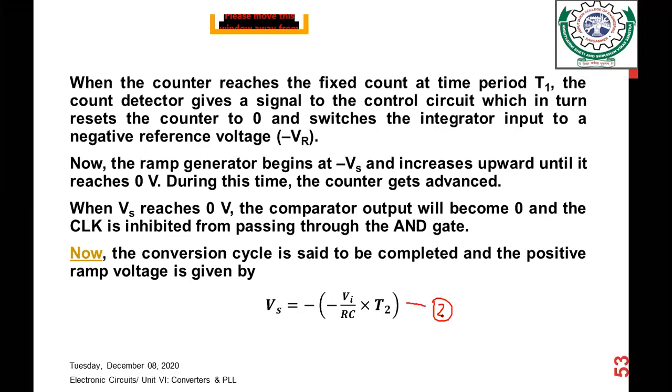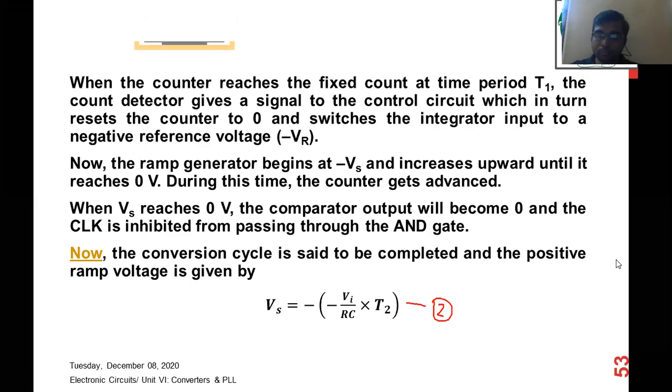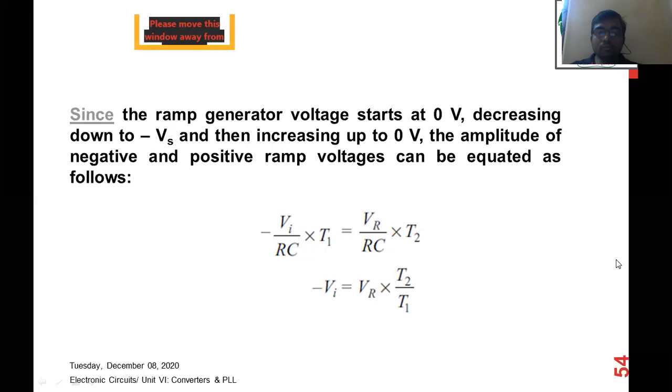Since the ramp generator voltage starts at 0 volt, decreases down to minus Vs, and then increases up to 0, the amplitude of the negative and positive ramp voltages are equal.